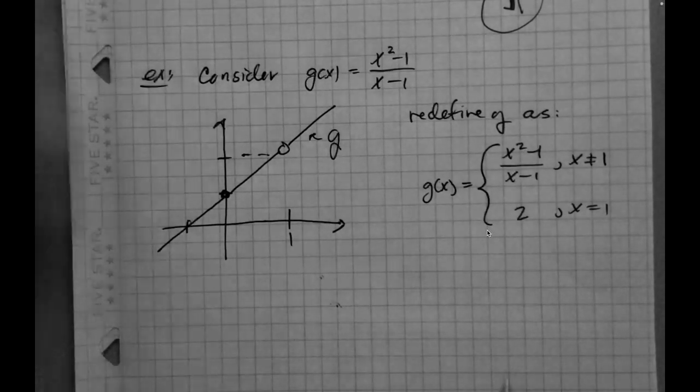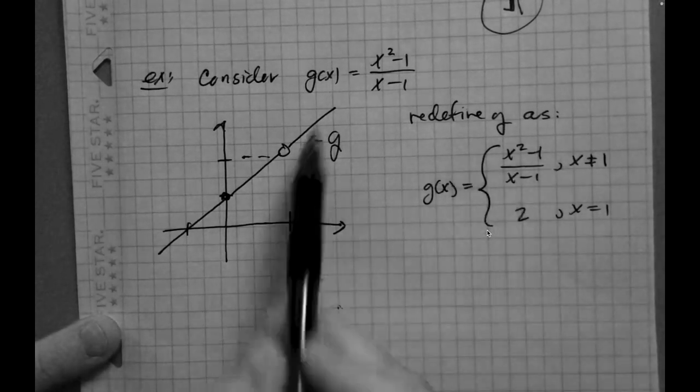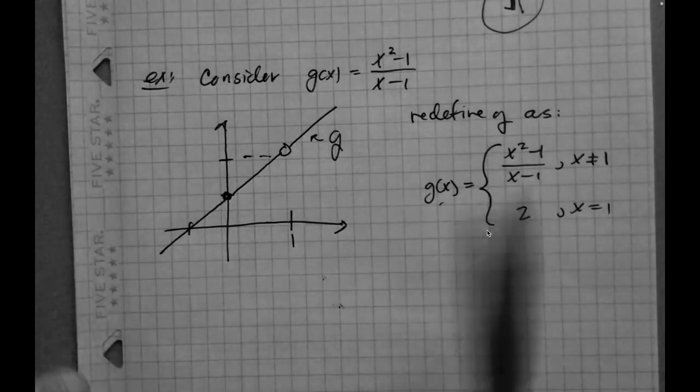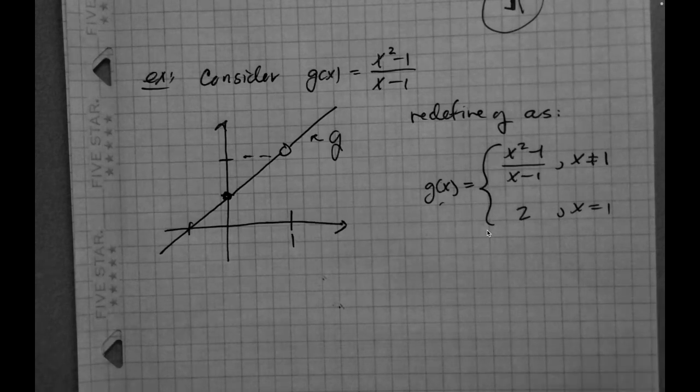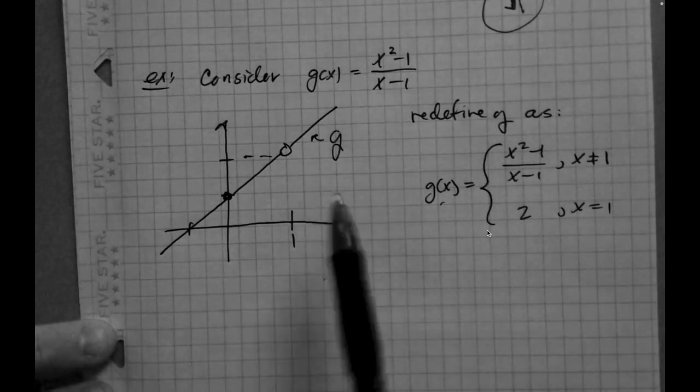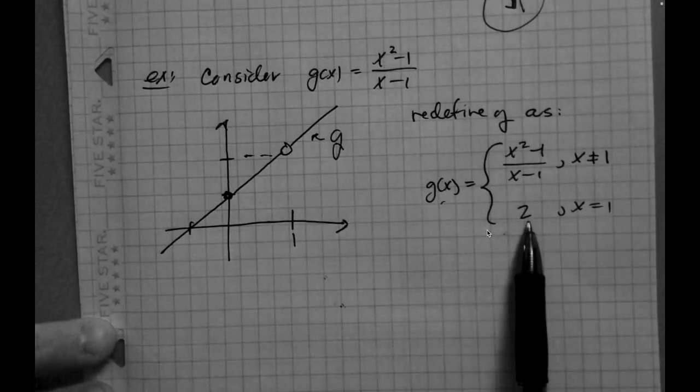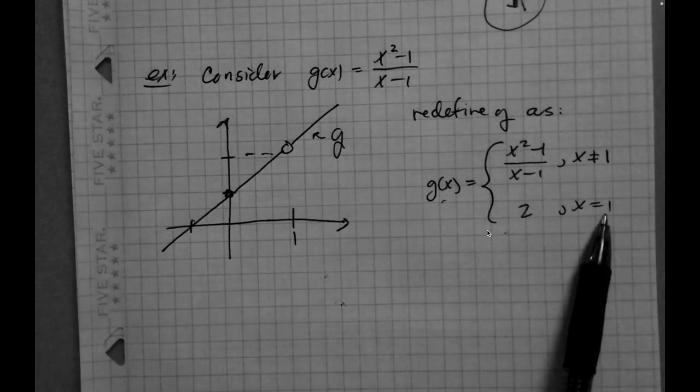Now, if you redefine the function like this, then you get continuity. Specifically, you can see that in this case the function is defined at x equals 1. Okay, so item 1 is captured.